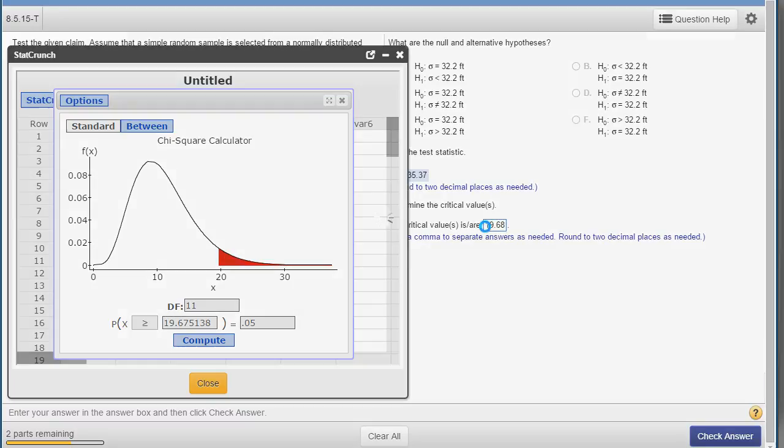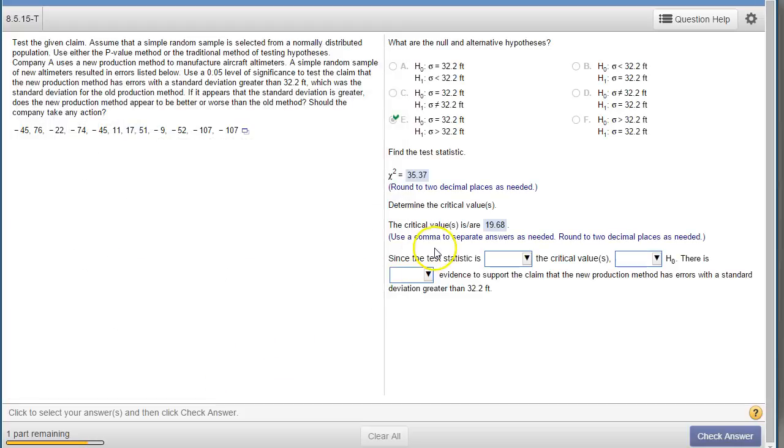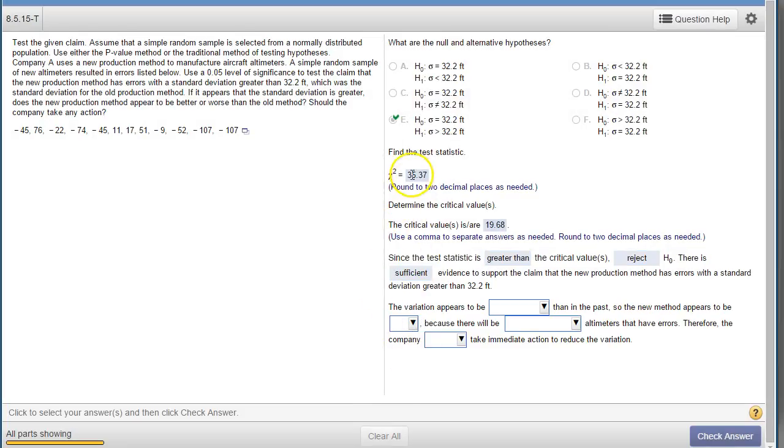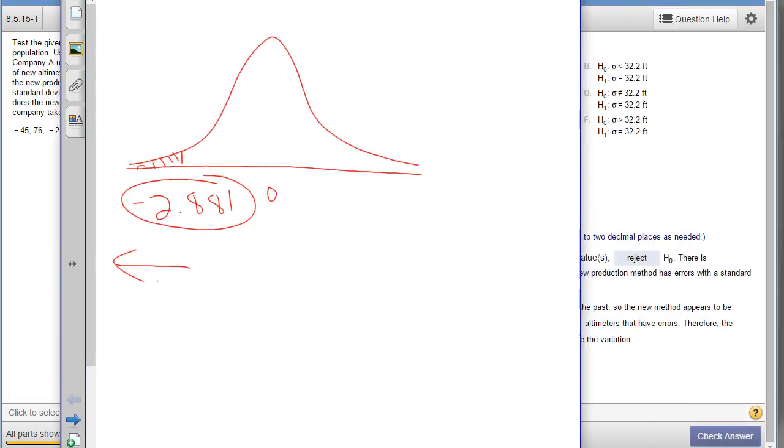There's only one because it's a right-tailed test. So the test statistic is well beyond the critical value. Since the test statistic is greater than the critical value, we reject H0 because there is sufficient evidence to support the claim.